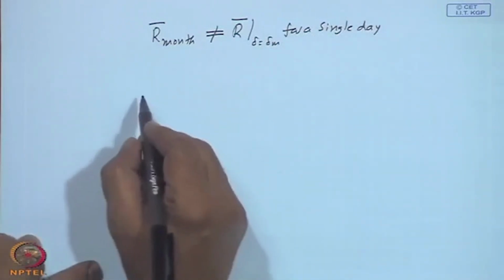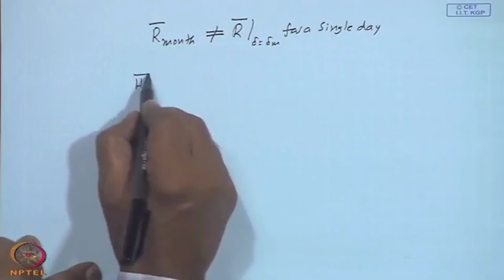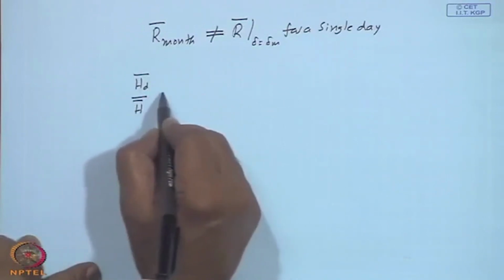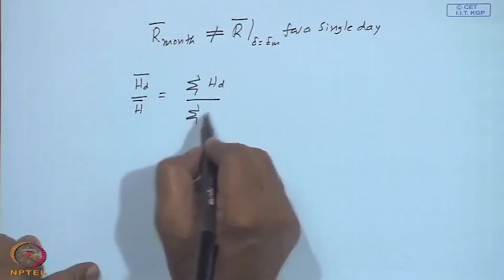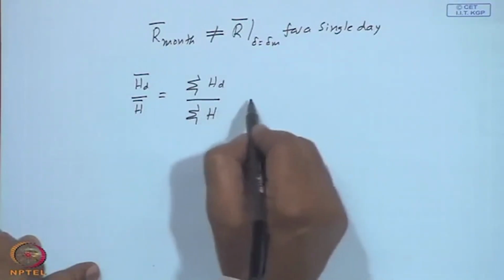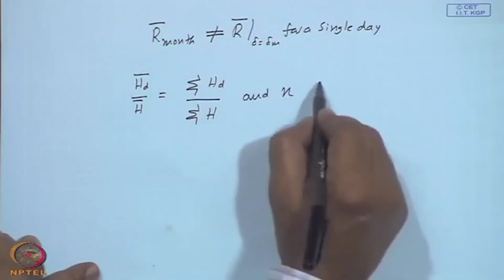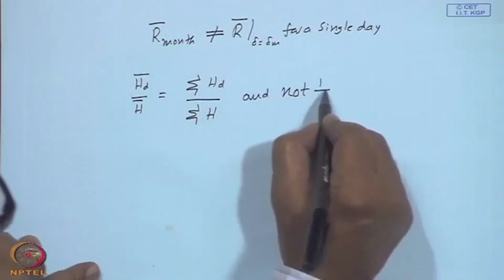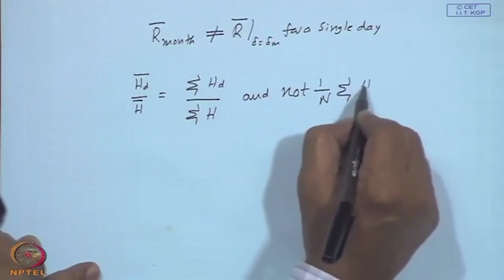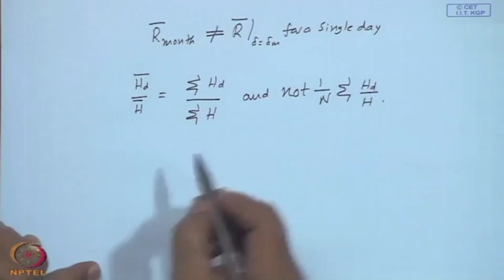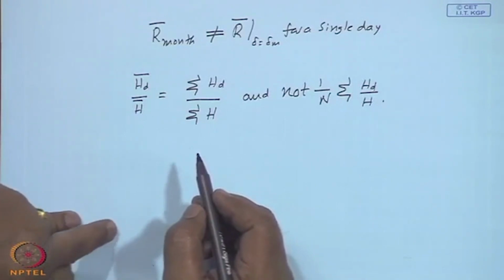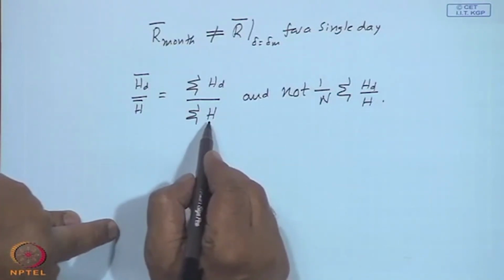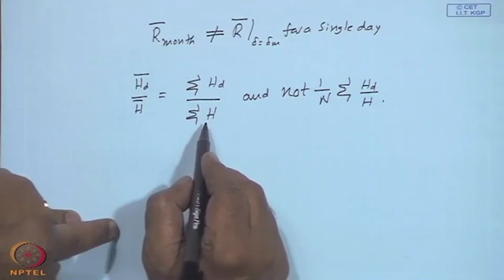The reason is H_T bar by H bar is equal to summation of H_d by summation of H, and not 1 by n summation of H_d by H. It is the total diffuse radiation in the month by the total global radiation over the month, not the average of the diffuse fractions of each day.